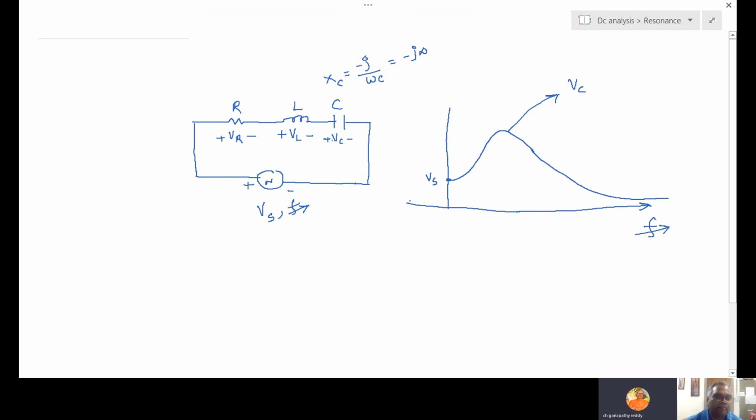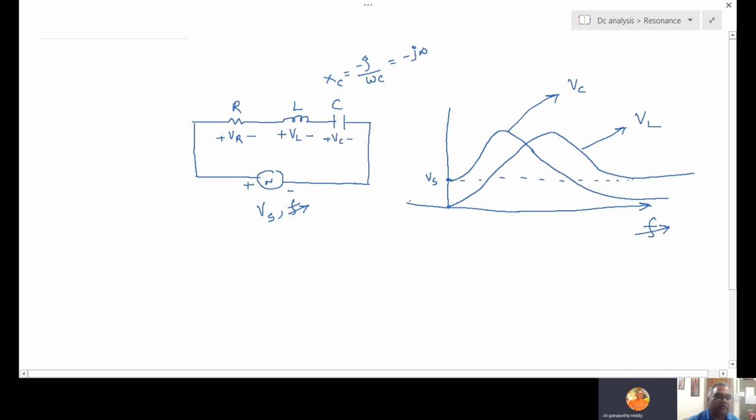Whereas VL, at zero frequency, starts with zero. Goes to some high, again comes to Vs only. So it starts with zero, goes to high, again comes to Vs. Why is it reaching Vs only?